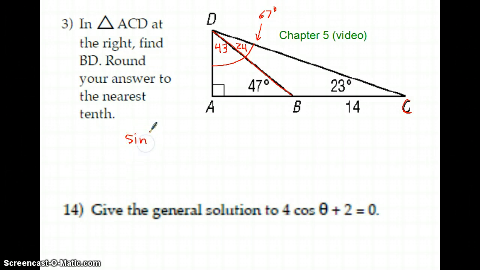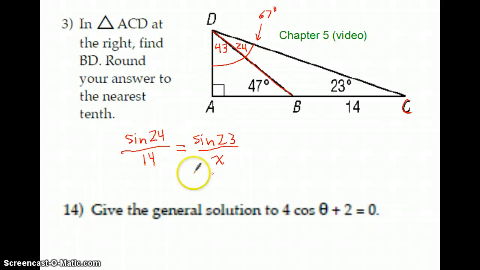Sine of 24 over 14 should equal sine of 23 over the thing I want to find. So I do this with proportions. 14 times sine 23 divided by sine 24 is what I need to find for x.